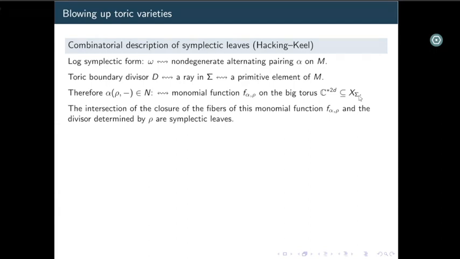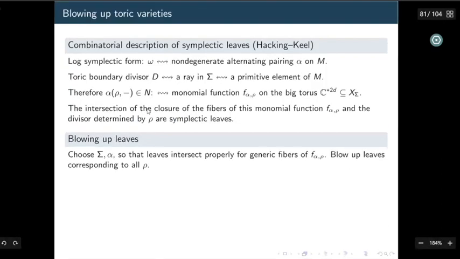The boundary divisors themselves have big open tori inside of them, which are just the locus where a monomial equals some constant, so the fibers of some monomial function. This monomial function is determined by the data of the ray and the pairing that you started with. Okay, so this was described by Hacking and Keel.